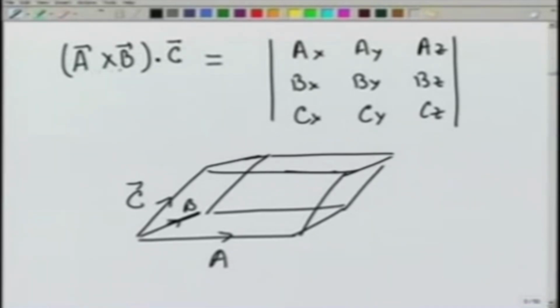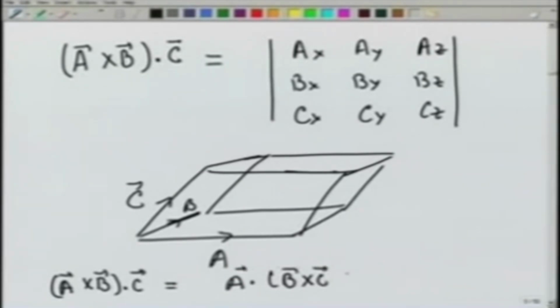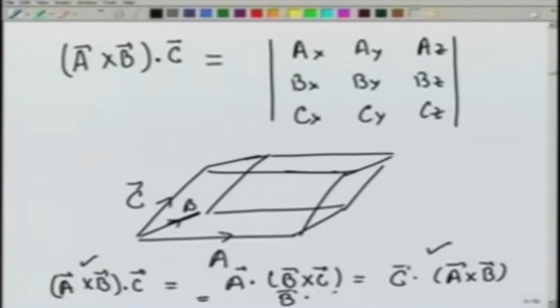Since I can write A cross B dot C in this determinant form, this also shows, since determinant does not change if I change its rows twice, this is also equal to A dot B cross C. This is also equal to C dot A cross B, which is same as this, and there is one more term, this is also equal to B dot C cross A. All these are equal.